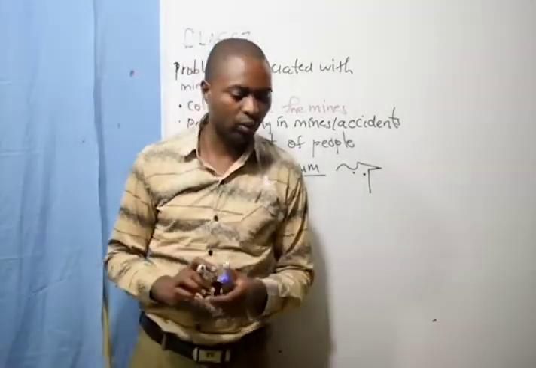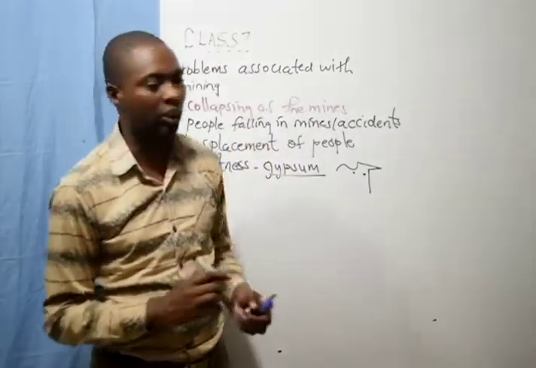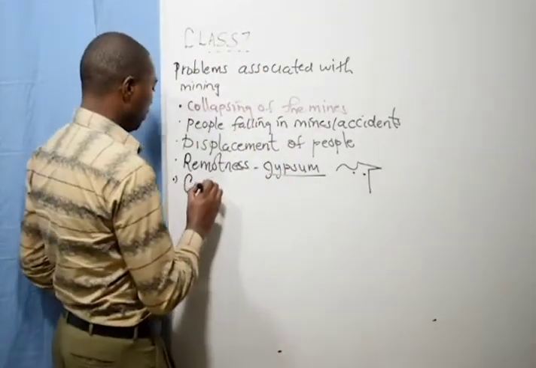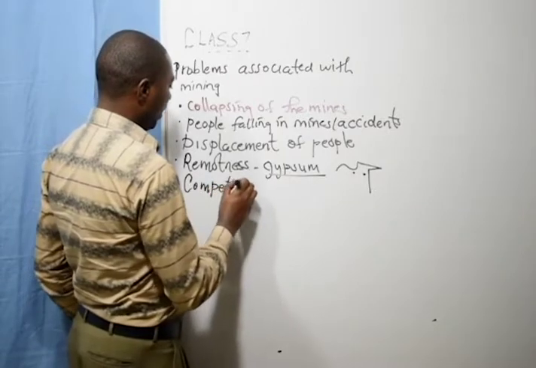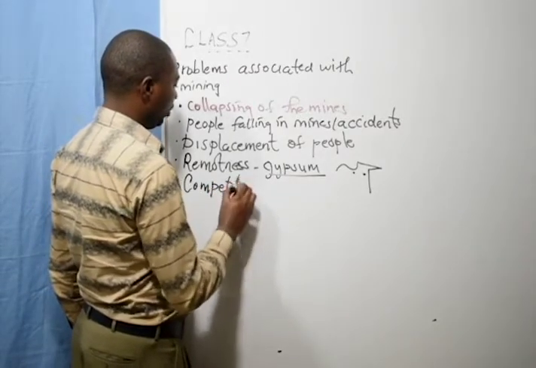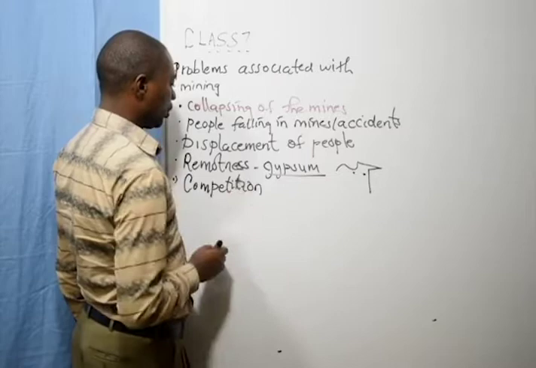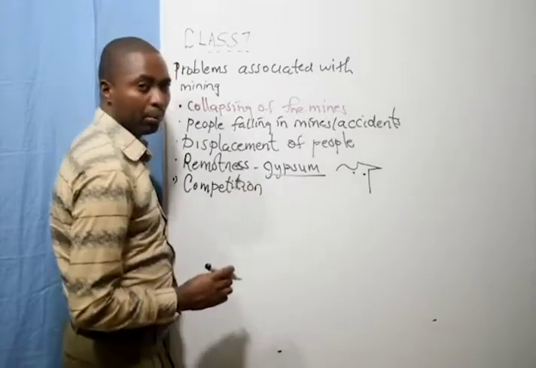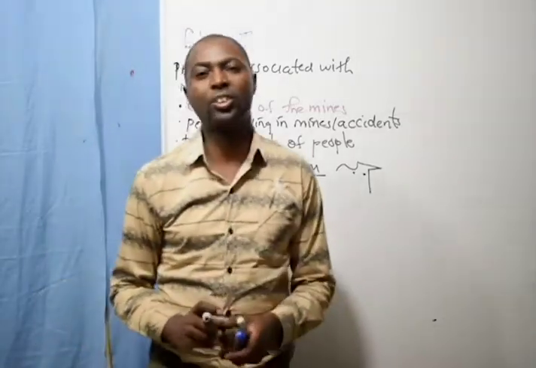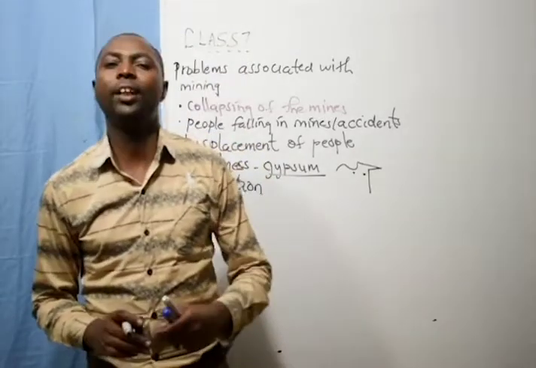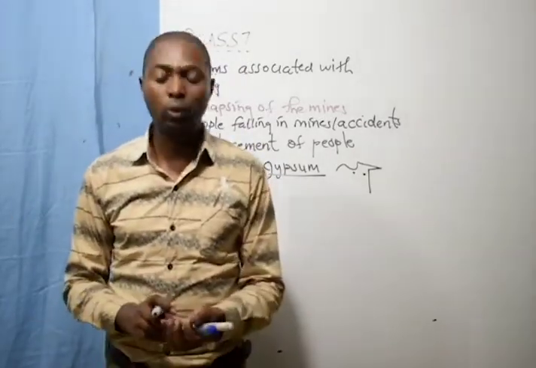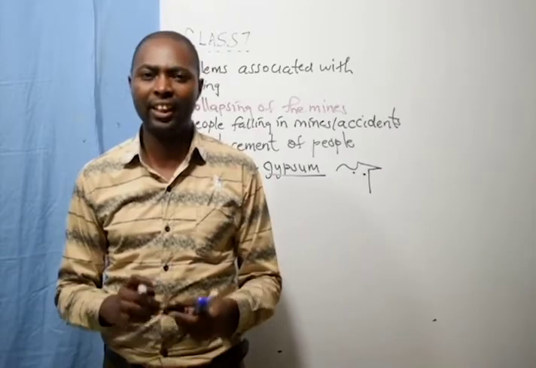We also have what we call competition. South Africa is a producer of gold, while China is also a producer of gold. Kenya is a producer of soda ash. Israel is also a producer of soda ash. So when you meet in the world market, for you to bargain and earn a living, there is competition.